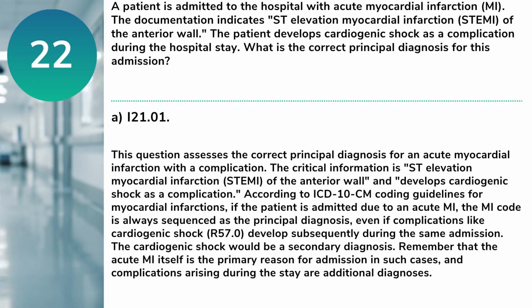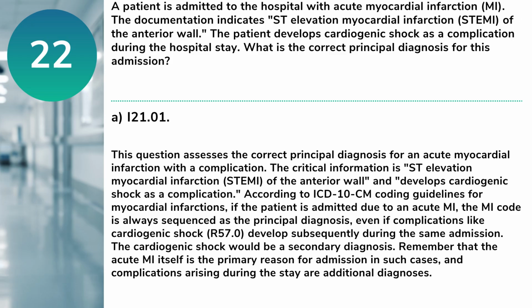Answer, A. I21.01. This question assesses the correct principal diagnosis for an acute myocardial infarction with a complication. The critical information is ST elevation myocardial infarction, STEMI, of the anterior wall and develops cardiogenic shock as a complication.